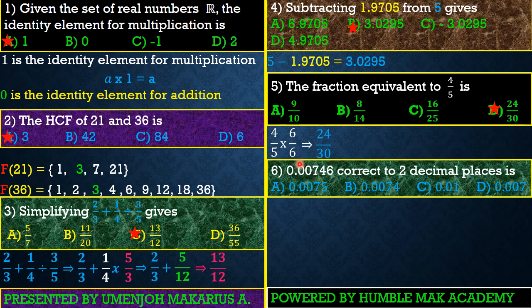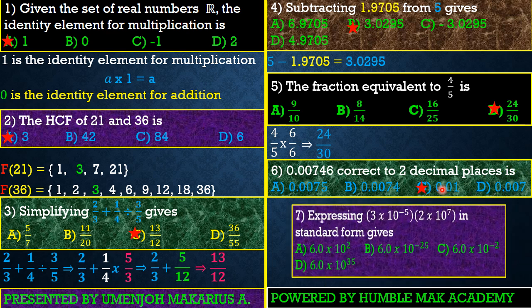In that case, we already have 0.0, right? That is to 2 decimal places. But now let's look at the next number after 0. It is 7. 7 is above 5, right? So we have to make this 7 to be 1, and we add it to the preceding digit, which is 0. So we are going to have 0.01. That's why option C, guys, is the best option.